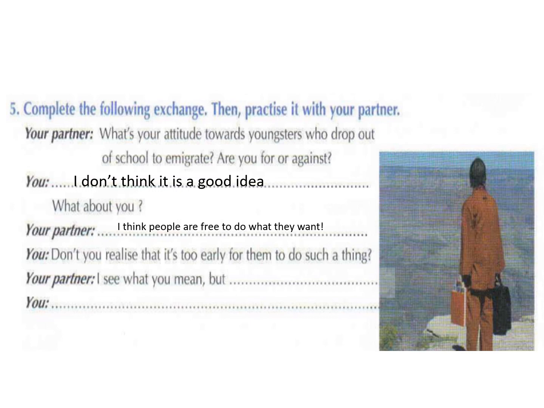So here he disagrees. You may say, "Don't you realize that it's too early for them to do such thing?" Your partner, "I see what you mean, but they need to guarantee their future." You may say, "I think they will face many difficulties, like feeling homesick." It's up to you to fill in the blanks with the way you want.